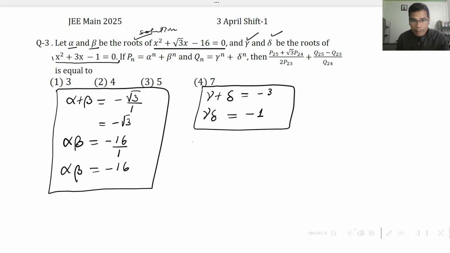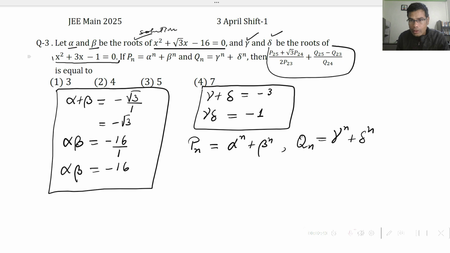So now if p suffix n is equal to alpha to the power n plus beta to the power n, and q suffix n is equal to gamma to the power n plus delta to the power n, then what is this whole expression equal to? So let us take this expression.